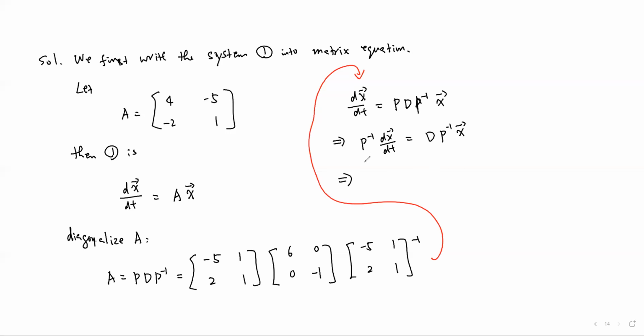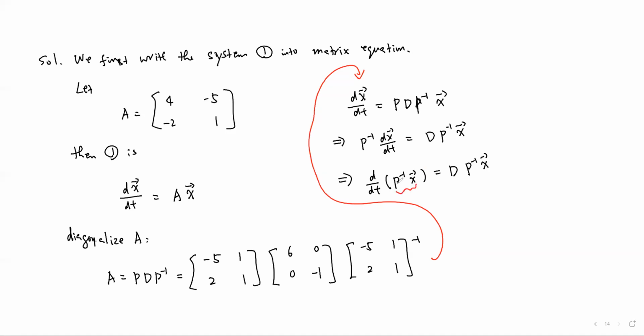Because P is a constant matrix, I can move it inside the derivative: d of P inverse x over dt equals D times P inverse x.